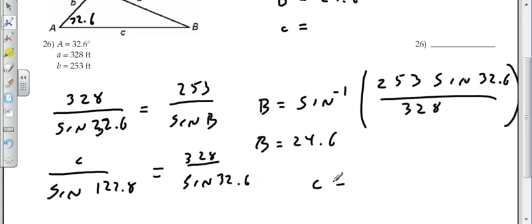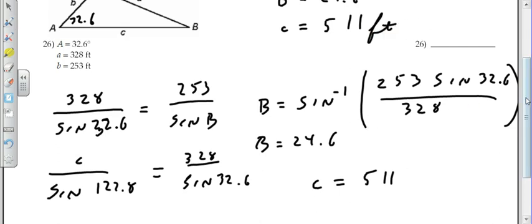So little c would be the sine of my answer times 328 divided by the sine of 32.6. I hope I'm in degrees. I am. Okay, that's good. 511. Okay, that's good enough. 511 feet. All right, so there's my answer.